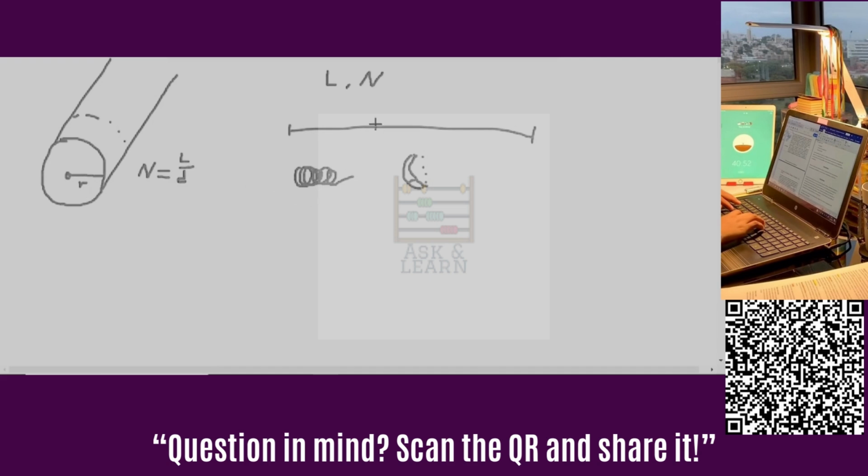So the number of turns we can make out of this length is the total length divided by the diameter of the cross section of the wire, and that's because they're basically touching. We have a diameter here, a diameter here, a diameter here. However many turns we have, we divide the length by the diameter and we'll get that. That's how many turns you can make out of that much wire.